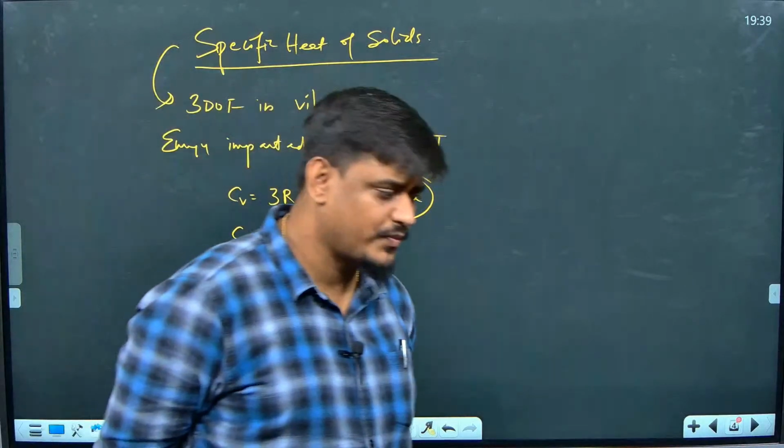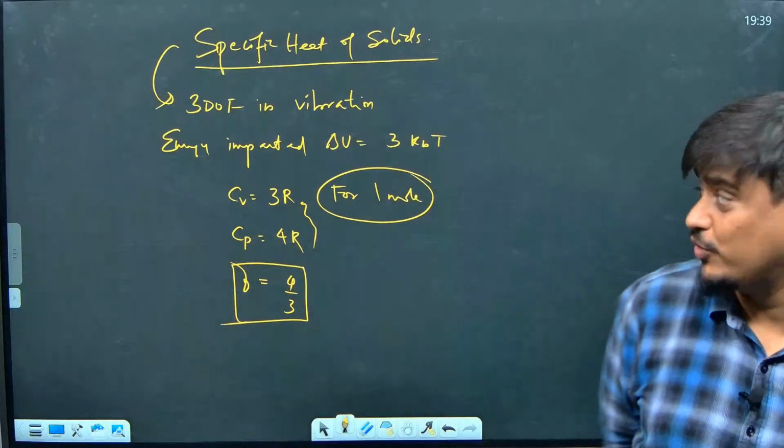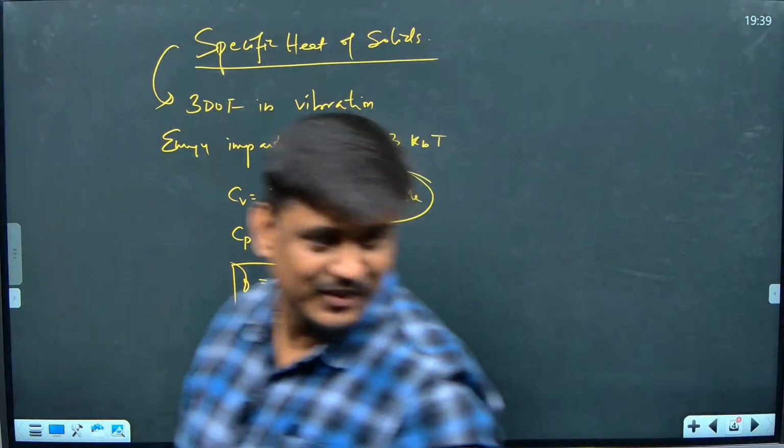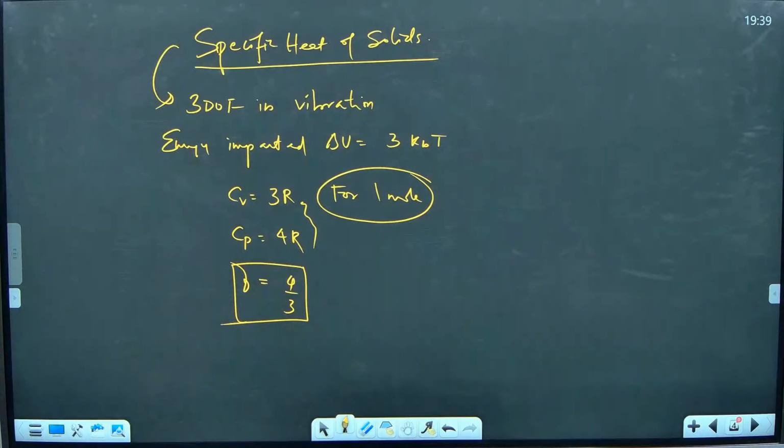Sir, in school they've given us that they are equal, and that gamma is 1 for that. Anybody has an NCERT book? Let me check NCERT once.